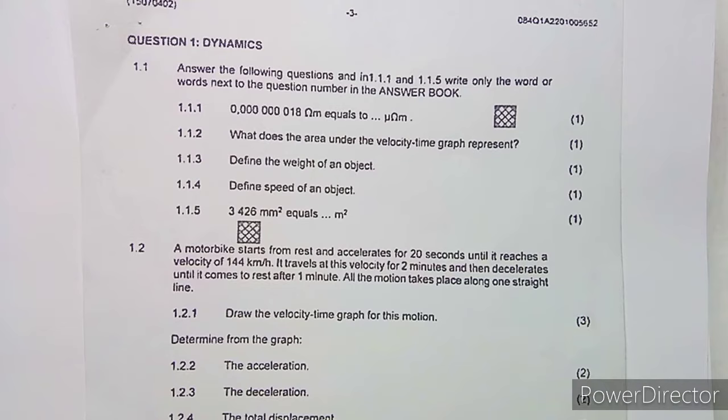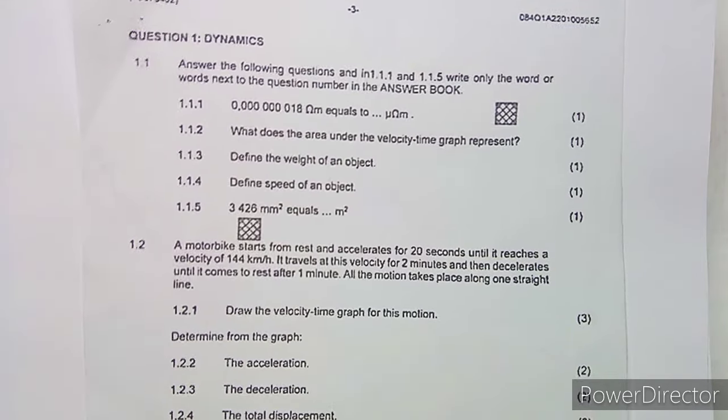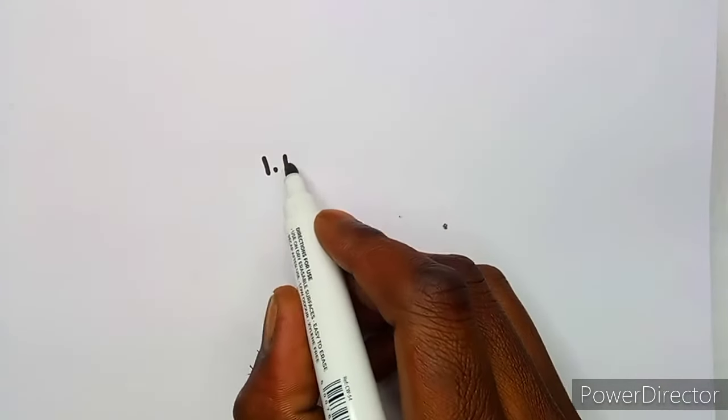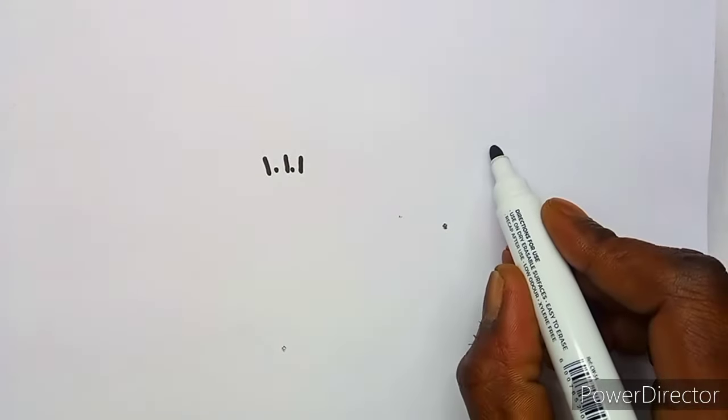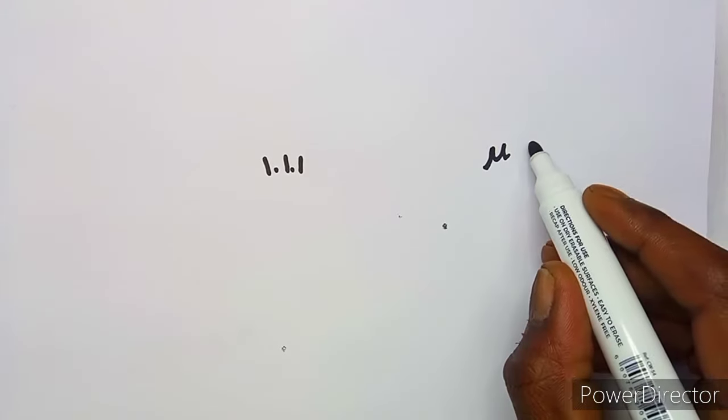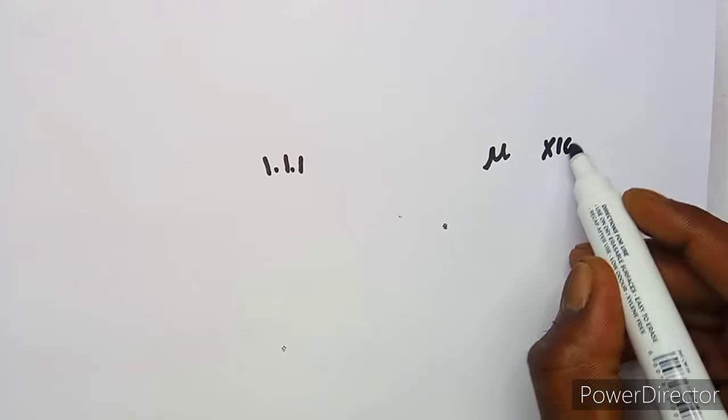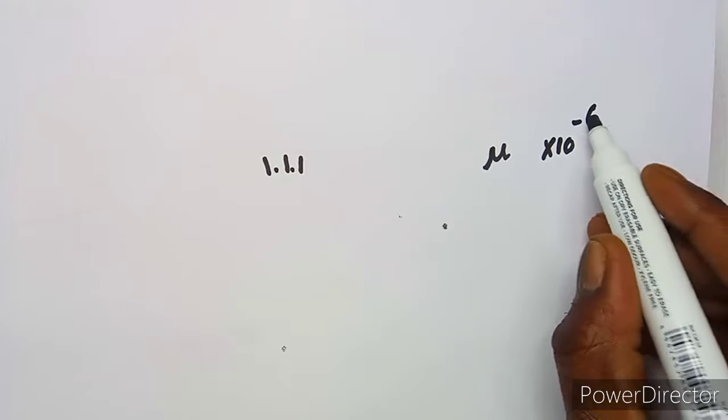So the first question is 0 comma whatever that we have there in ohm meter equals to what in a micro ohm meter. And we know that micro means times 10 to the exponent of -6.